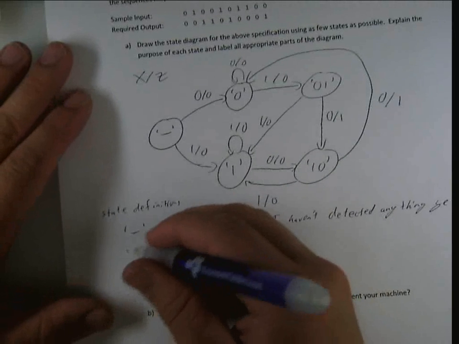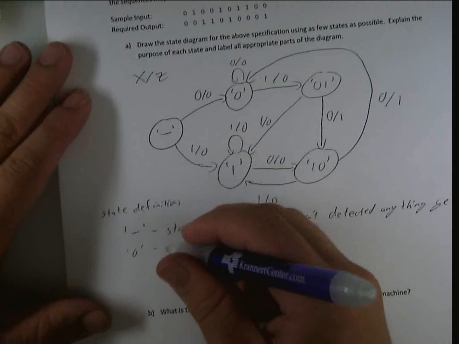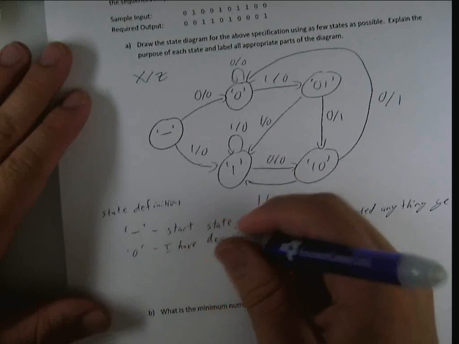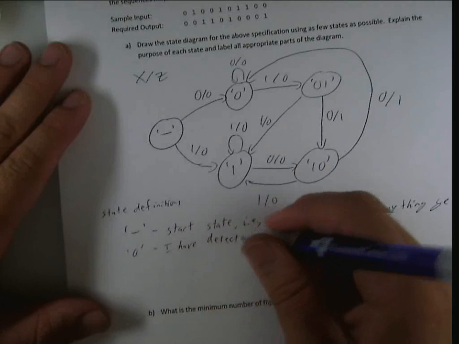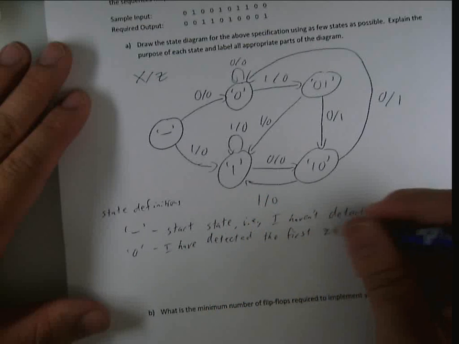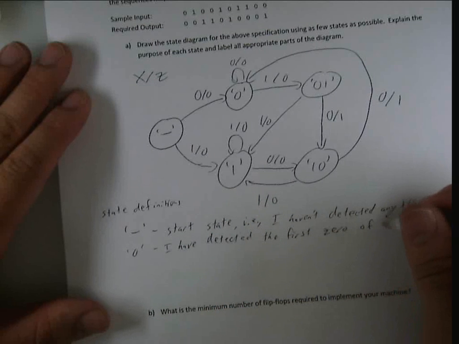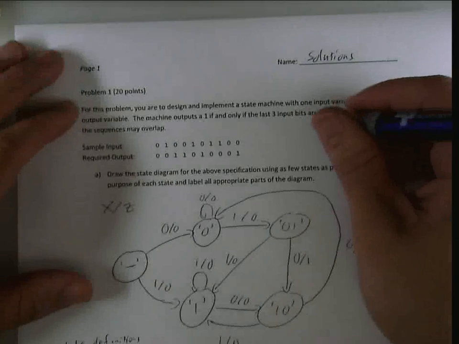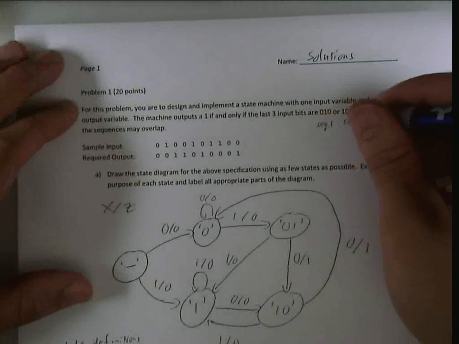And then I'm going to have my 0 state: I have detected the first 0 of sequence 1. And I'm going to label this up here sequence 1 and this sequence 2.